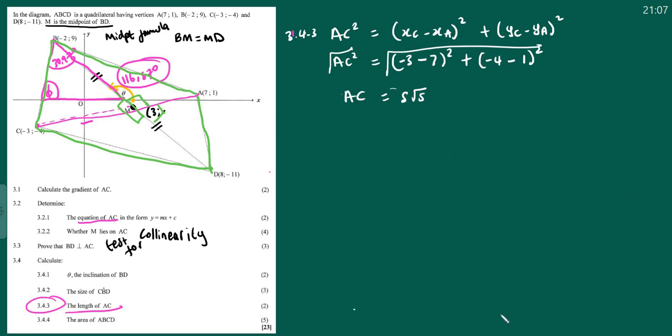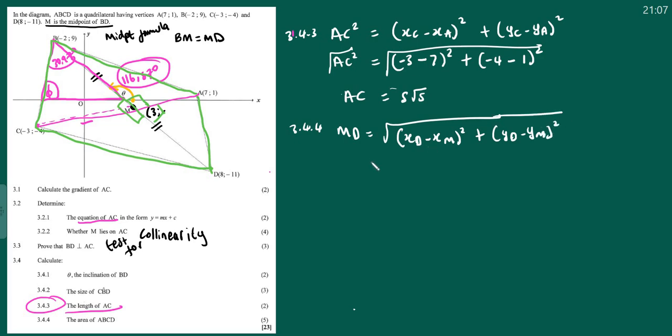So we can say for 3.4.4, the length of MD is going to be the root of x of D minus x of M all squared plus y of D minus y of M all squared. Remember, there is no mark for the formula in grade 12, but there is a mark for the formula in grade 10. So this is just to guide you. So x of D is 8, and then here we have 3.